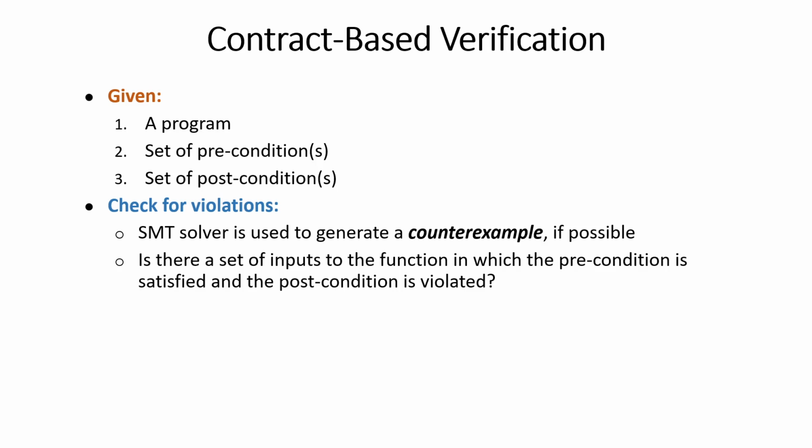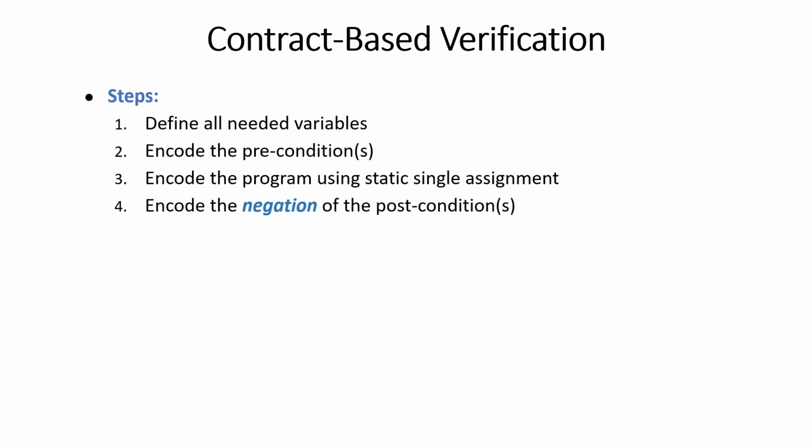And then the way that we handle the post condition is we're going to encode the precondition, and then we're going to negate the post condition. Why do we negate the post condition? We're saying all the models that we're looking for will satisfy the precondition, because otherwise we don't really care, right?